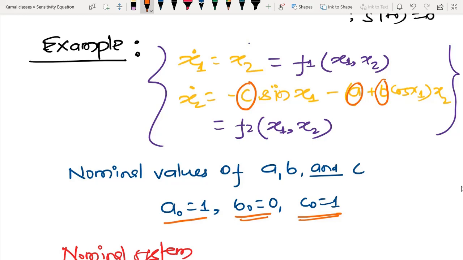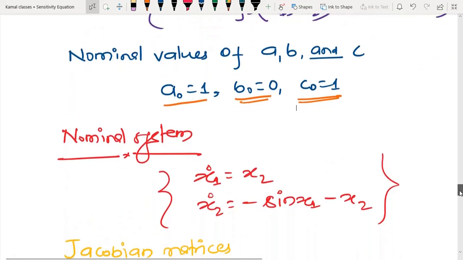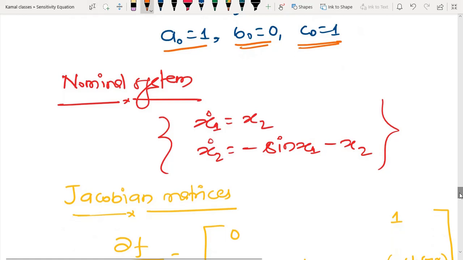Now I am going to substitute these parameters, and after that I get the nominal system. If you check, this equation is again the differential equation of a pendulum. So the phase lock circuit is somehow an electrical circuit that behaves like a pendulum.